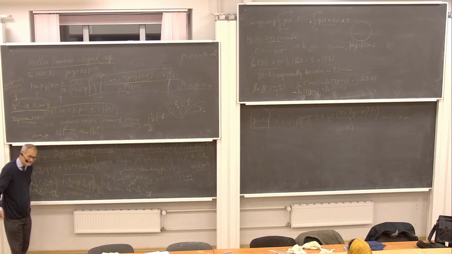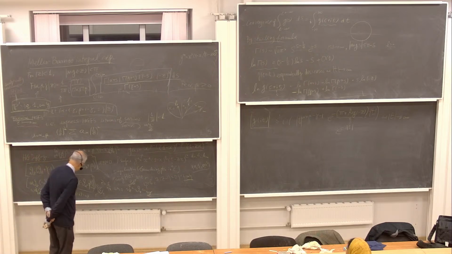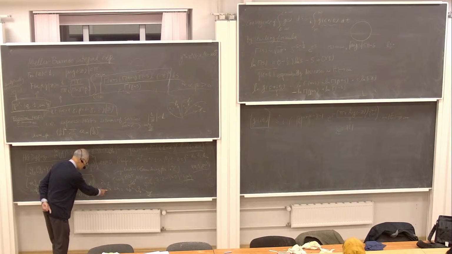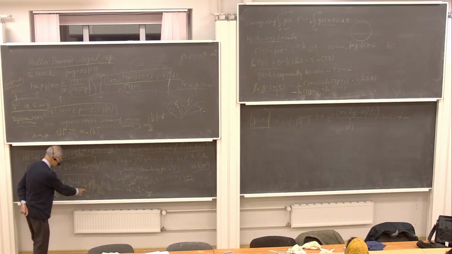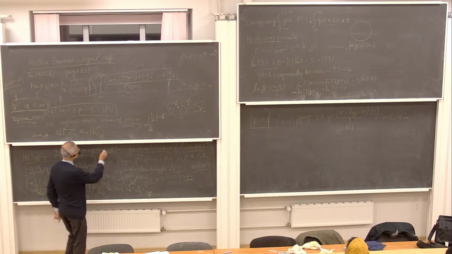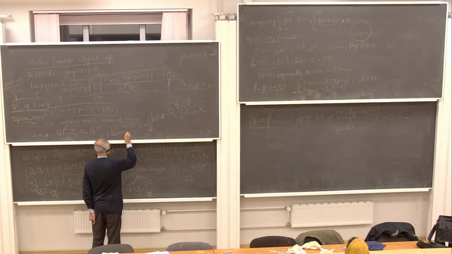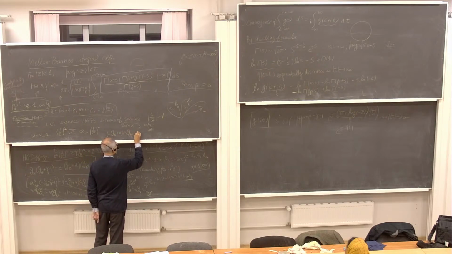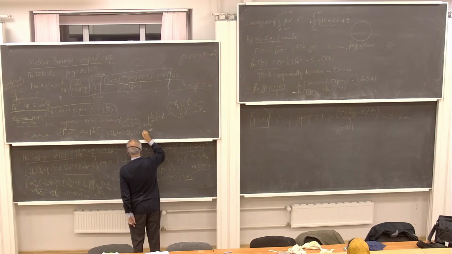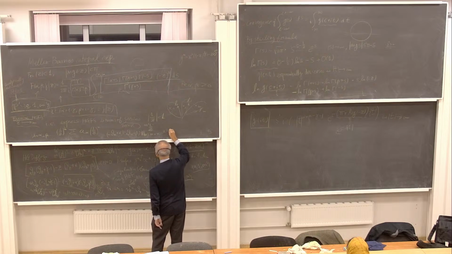To understand the dominant asymptotic behavior as w tends to 0, you can read off from this expression: minus some function u of w equals 0.